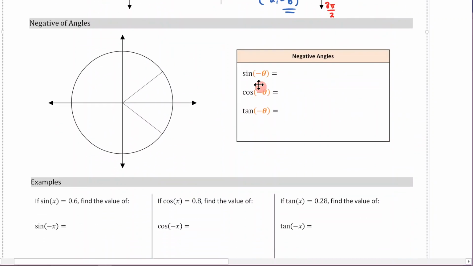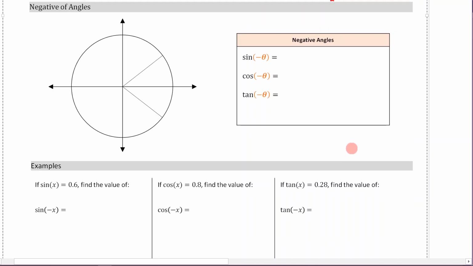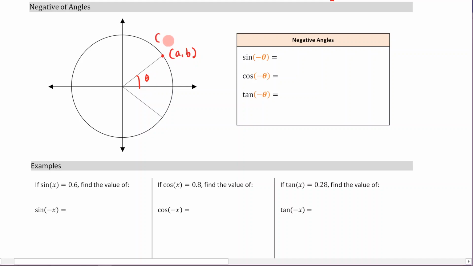All right, let's now go through our last idea here, which is just talking about negative angles. And this is a great way to ease out of the lesson here. All right, so let's start by just saying that this is theta. And this is going to be a, b right there. We know that a is going to be my cos, because it's my x. And my b is going to be my sine, because it's my y.